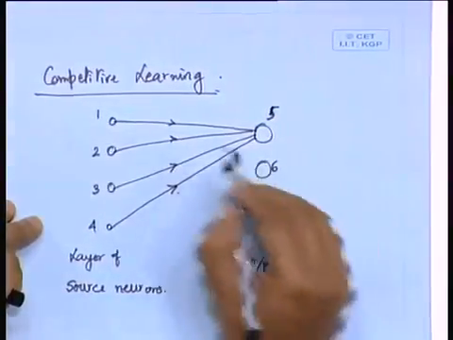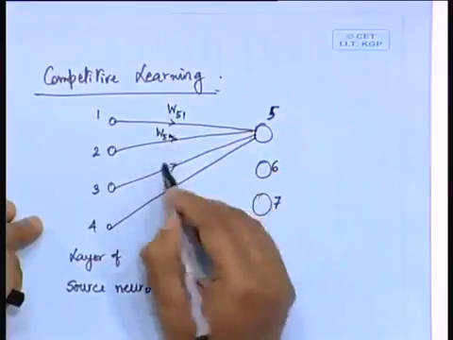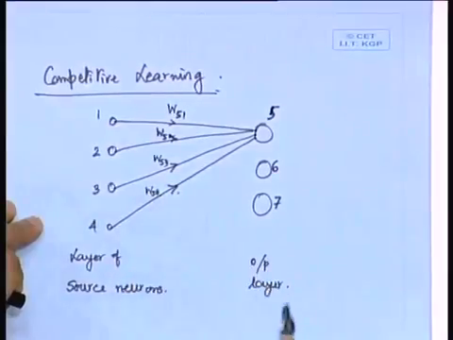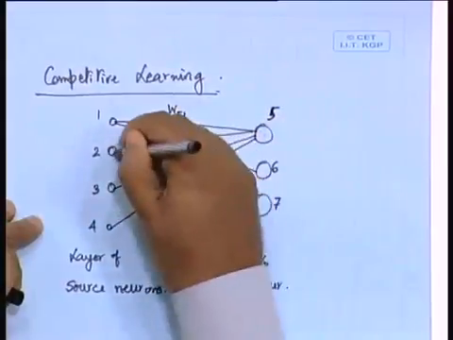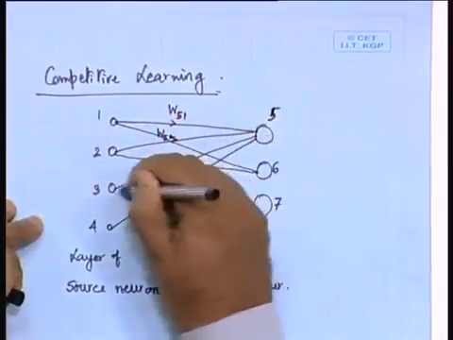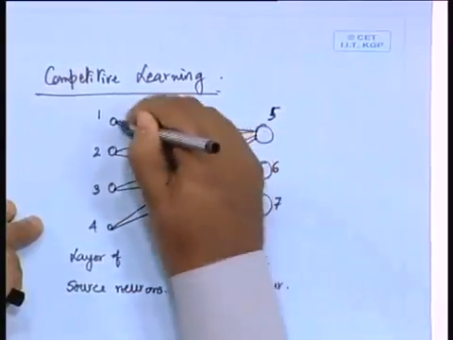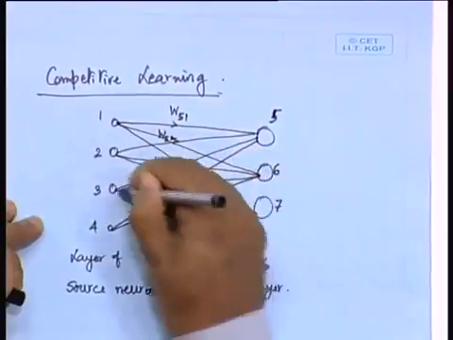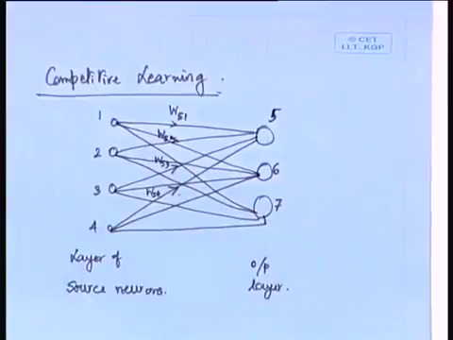So, I can say that these are W 5 1, W 5 2, W 5 3 and W 5 4. Likewise, we will have W 6 1, W 6 2, W 6 3 and W 6 4, and likewise W 7 1, W 7 2, W 7 3 and W 7 4.